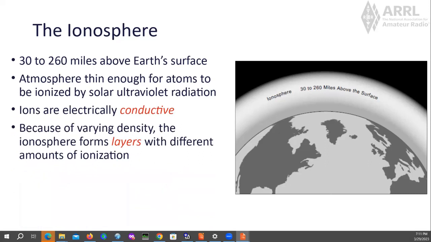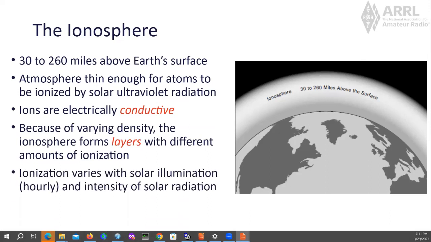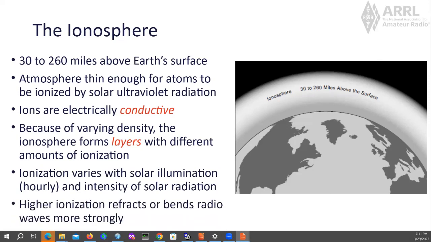Because of varying density, the ionosphere forms layers with different amounts of ionization. Ionization varies with solar illumination, hourly, and intensity of solar radiation. Higher ionization refracts or bends radio waves more strongly.